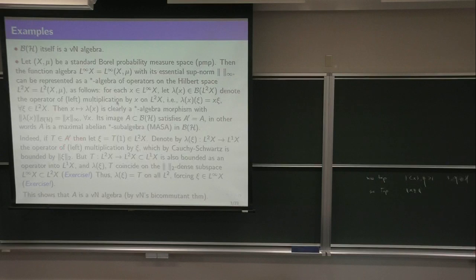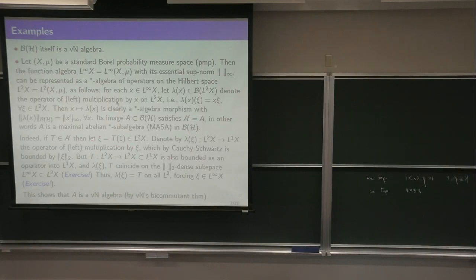So if t is in A prime, then I'm taking this vector xi, which is t of 1, the image of 1. This is the vector 1 in L2, the constant function equal to 1. This will be in L2. And I denote by lambda of xi the multiplication operator by xi on L2, which of course would land me a bit away perhaps from L2, in L1, because it's a product of two L2 functions.